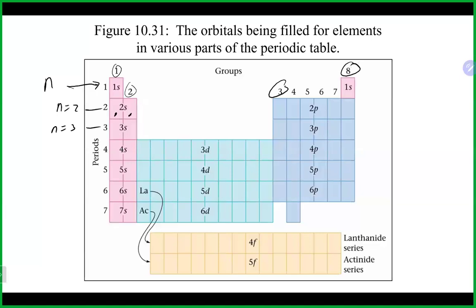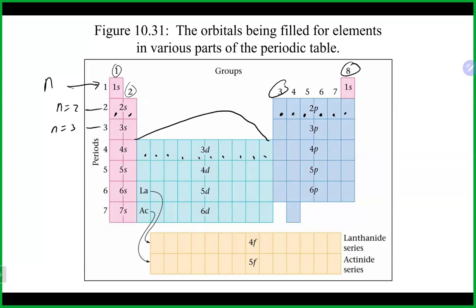Groups 3 through 8 are the p block. If you fill up the p subshell, how many electrons? You could put 6 if you fill up the subshell: 1, 2, 3, 4, 5, and 6. The transition metals in the middle are the d subshells, and that is where you could do 10 if you fill them all up: 1, 2, 3, 4, 5, 6, 7, 8, 9, and 10.